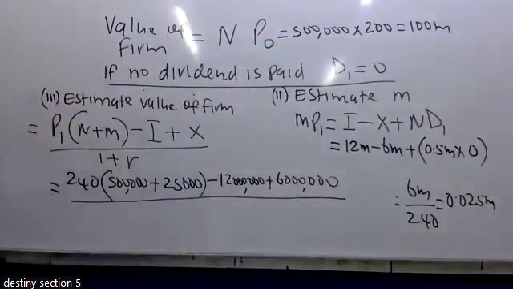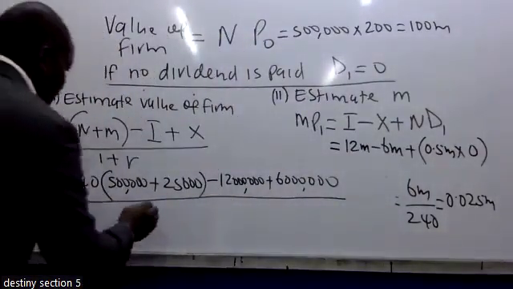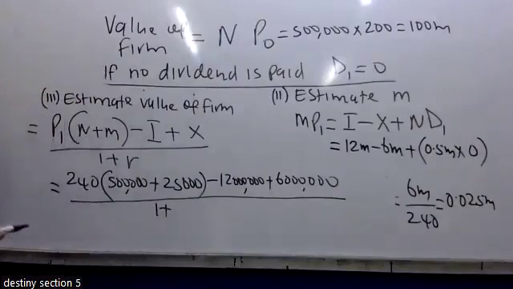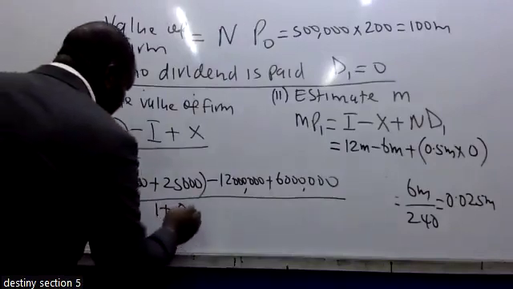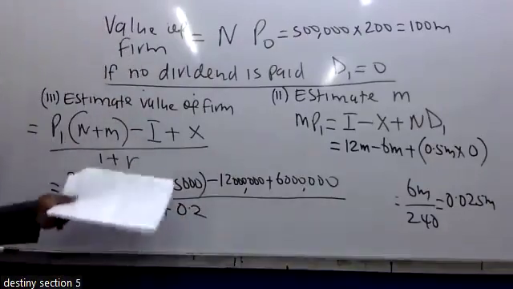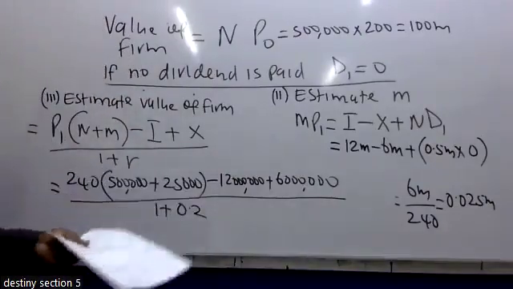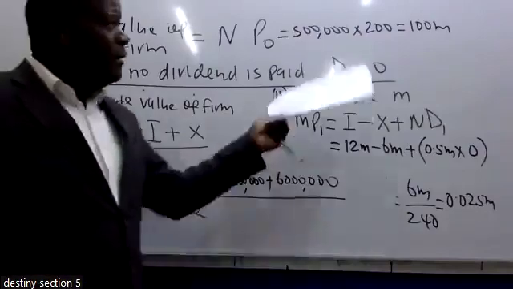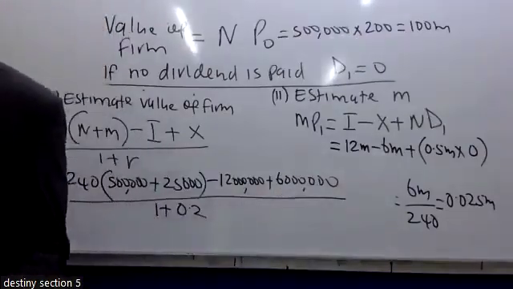Then now divide by 1 plus R. R was 20%, isn't it? So 20% is the same as 0.2. So now I want you to confirm this figure, whether it is 100 million.